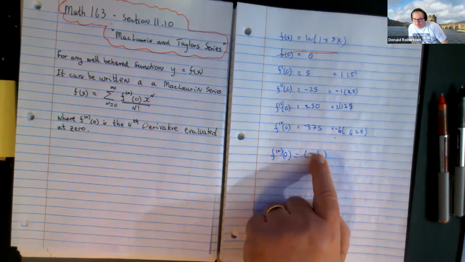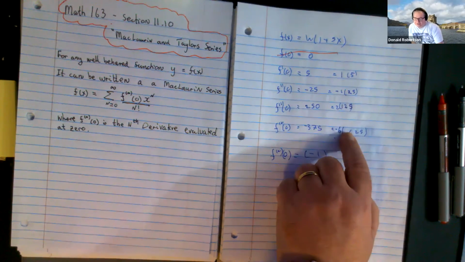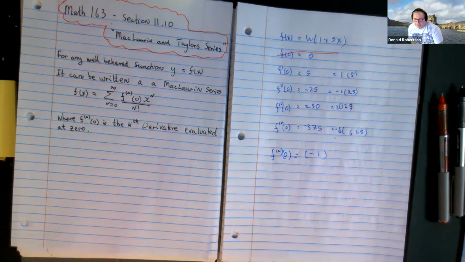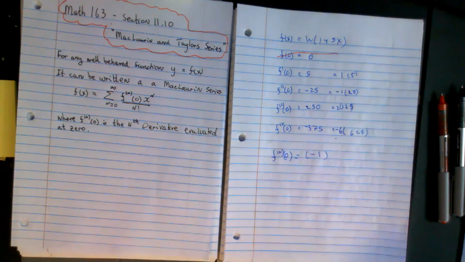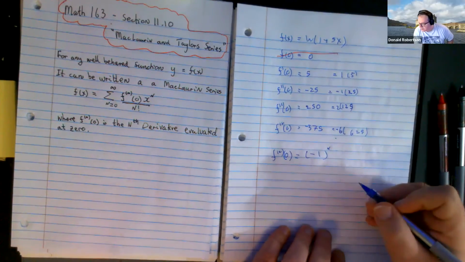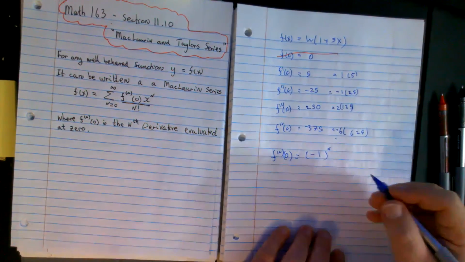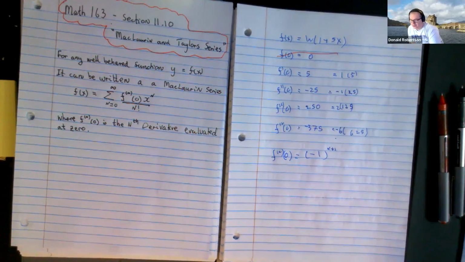So the first derivative is positive, the second is negative, the third is positive, and the fourth is negative. How would you generate this combination of pluses and minuses? Did you say n minus 1? Yes, totally cool with that. It's correct. And write it down. I'm just going to put n plus 1. Why? Because I only use 2 answers, n and n plus 1. The n minus 1 is totally correct.